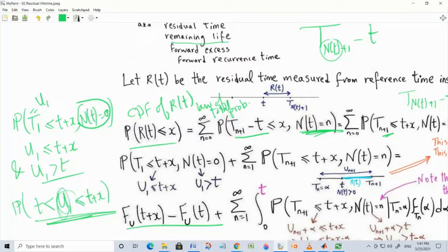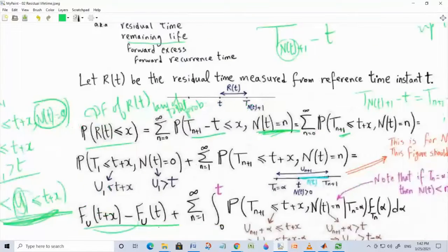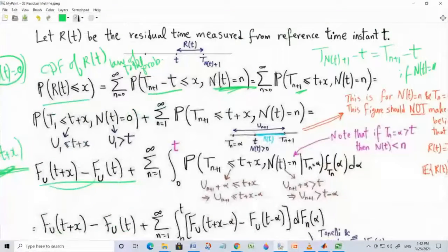It can be written as the difference between the CDF evaluated at t plus x and the CDF evaluated at t. Now, the remaining term will involve everything, basically starting from small n from 1 to infinity.